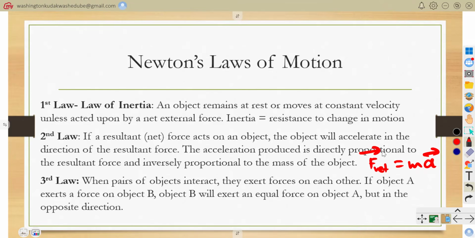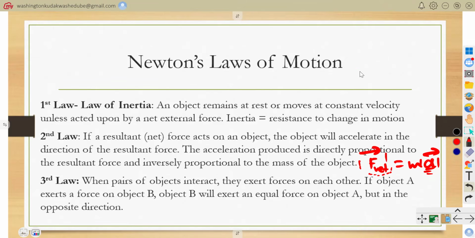What this formula simply says is that whenever we apply a net force to an object, the object will start to accelerate, in the same direction as the net force, with a magnitude that is directly proportional to the magnitude of the net force applied.